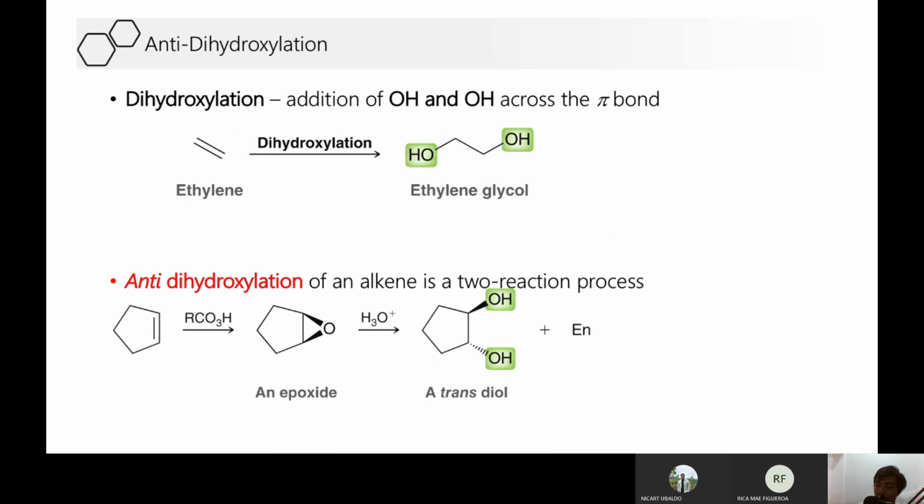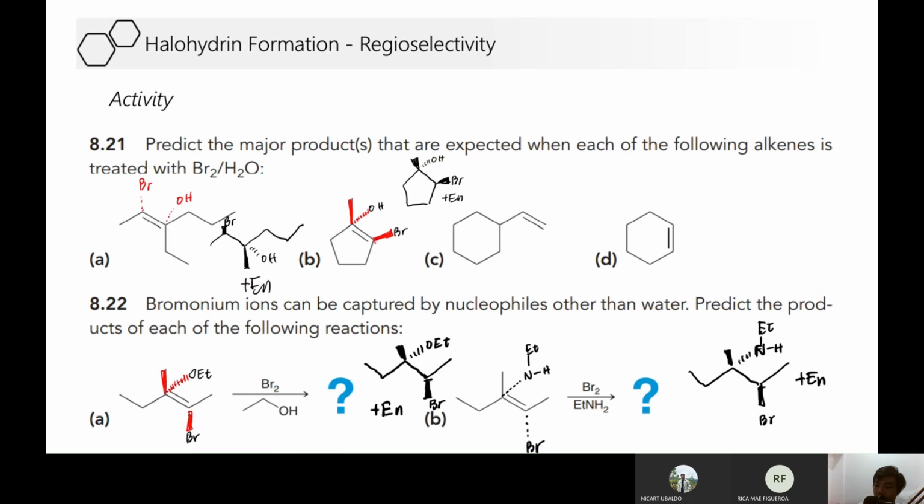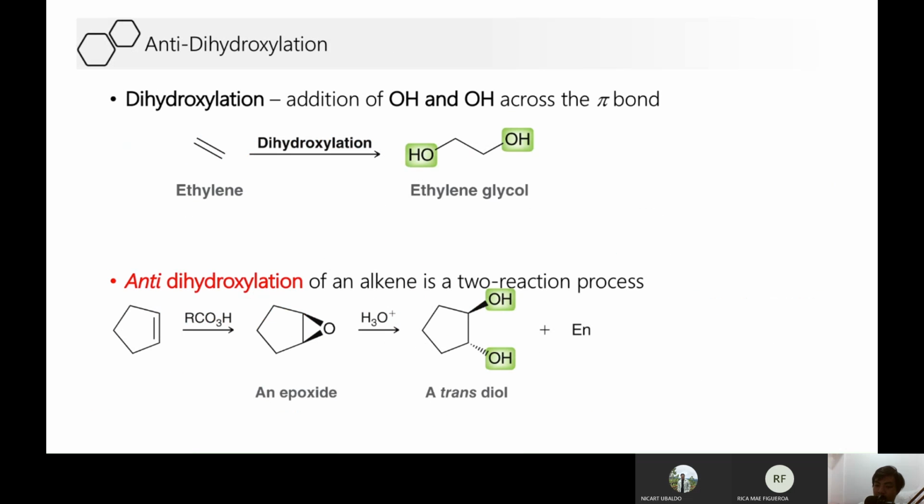Okay, so ngayon naman, punta naman tayo sa anti-dihydroxylation and yung syn-dihydroxylation. Okay? So, ano naman yung meron sa dihydroxylation? No? From the word itself, dihydro, dalawang OH. So, basically, what we're going to do here is that we will add two OHs sa ating alkene.